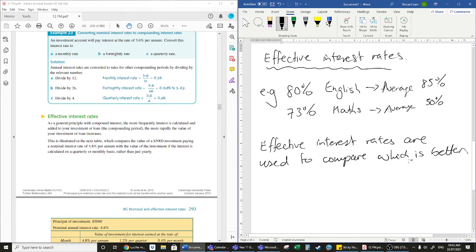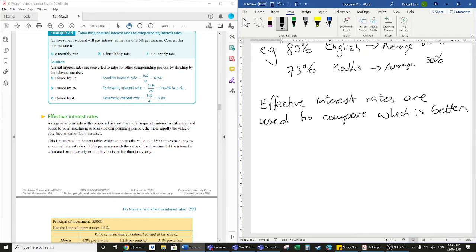So just to take a note, for an investment, which is you putting money into the bank, higher is better. Because the higher the rate, the more money you get. For a loan, you want lower is better. Because remember, for a loan, you need to pay back interest. So obviously you want the interest rate to be lower so you don't pay so much money back.